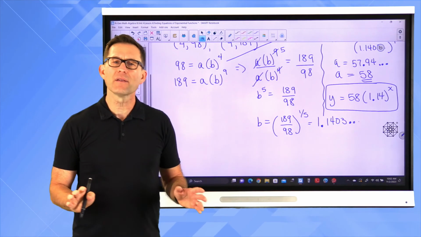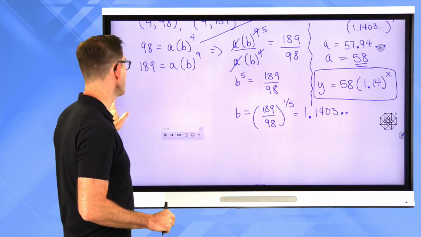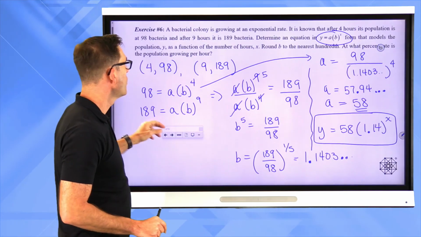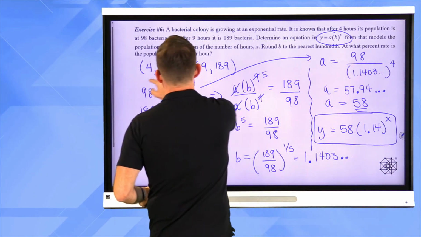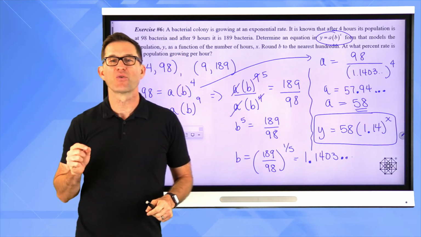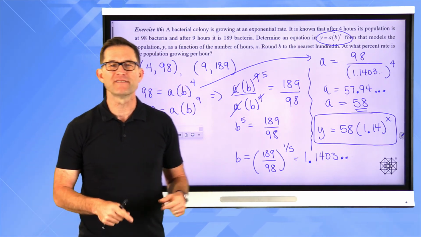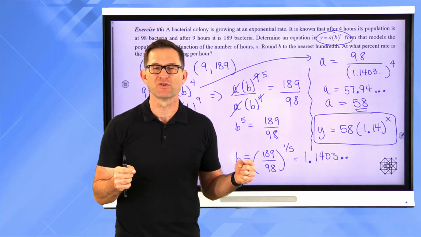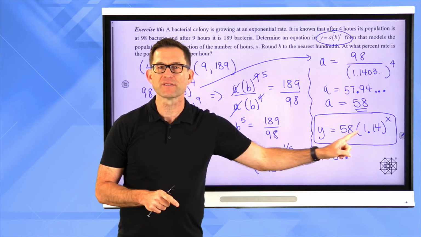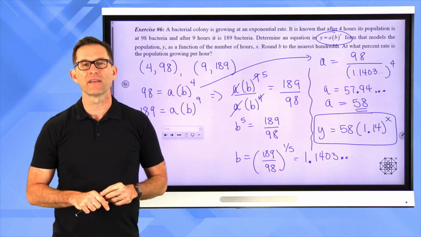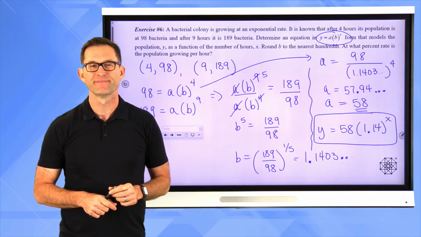There's one little last piece of this, and we're going to get into this a lot in coming lessons, which is at what percent rate is the population growing per hour? Pause the video for a moment and see if you can dig out some knowledge from Algebra 1 that tells you how to look at this and say what percent the population is growing at. Pause the video now.